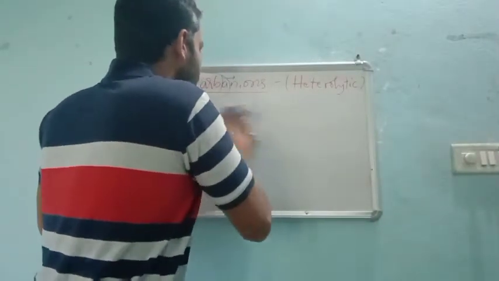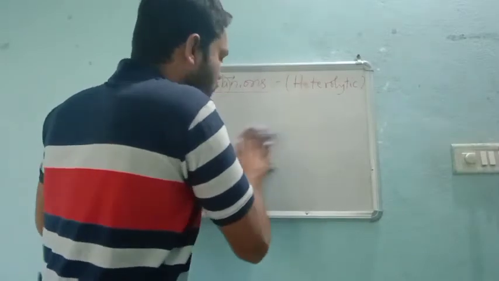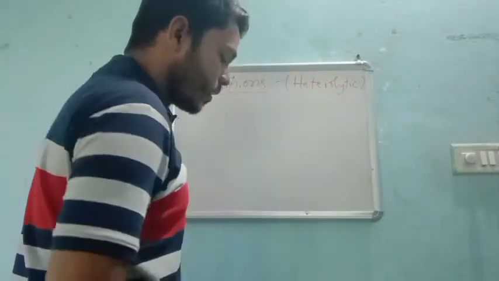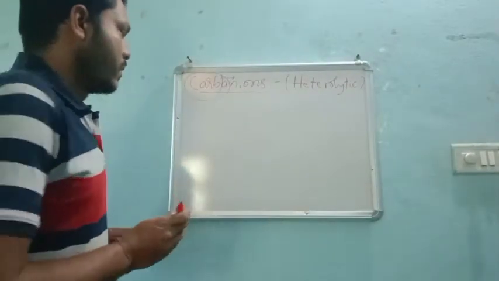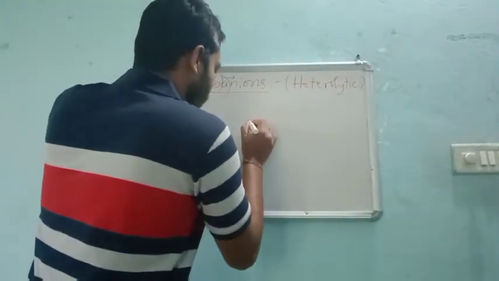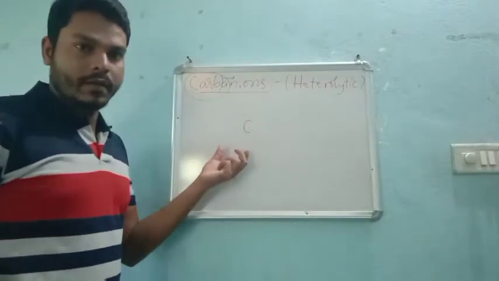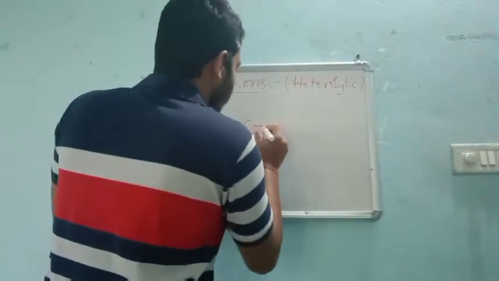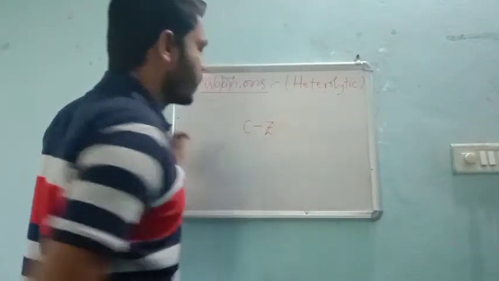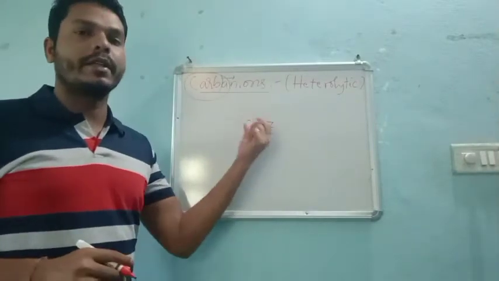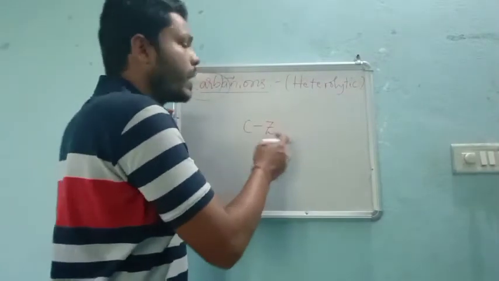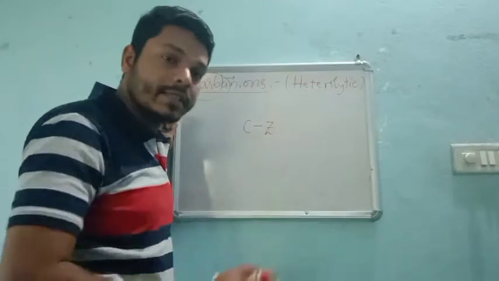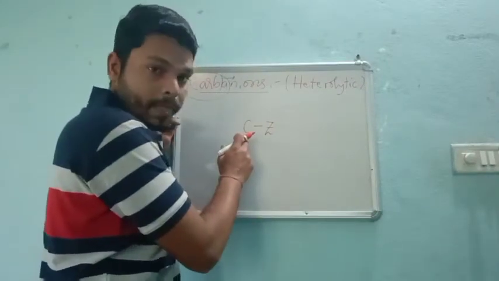If we want to produce a carbanion, then with the carbon there should be a less electronegative atom. Let us take an example like Z. Z is any atom that is less electronegative than carbon, right?